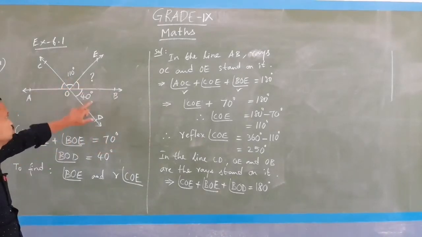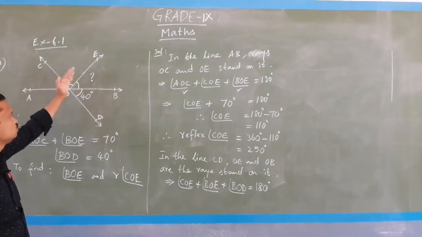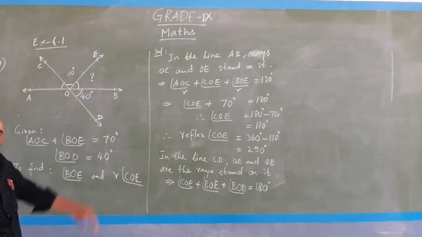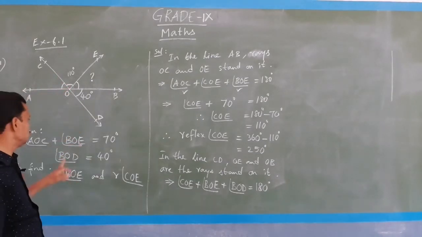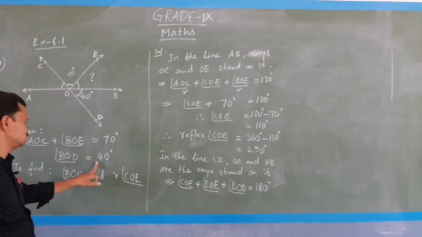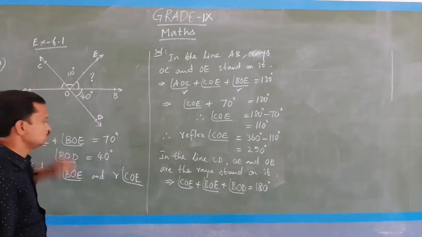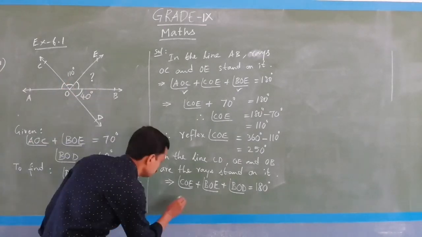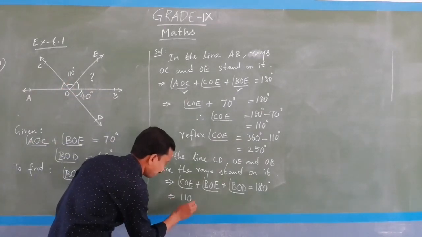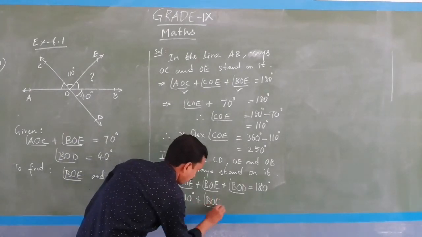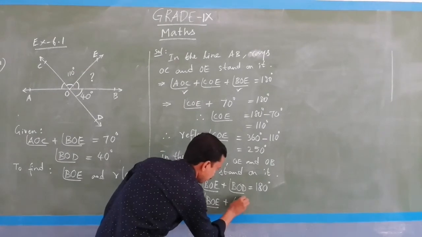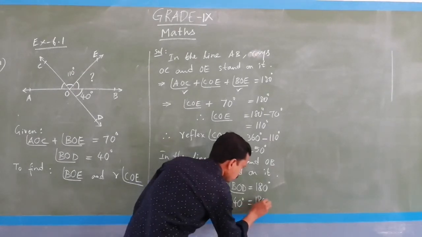We have COE and BOD. BOD is given in the question itself as 40 degrees. So, these 2 you can easily substitute. COE is 110, this is 40, again equal to 180 degrees.